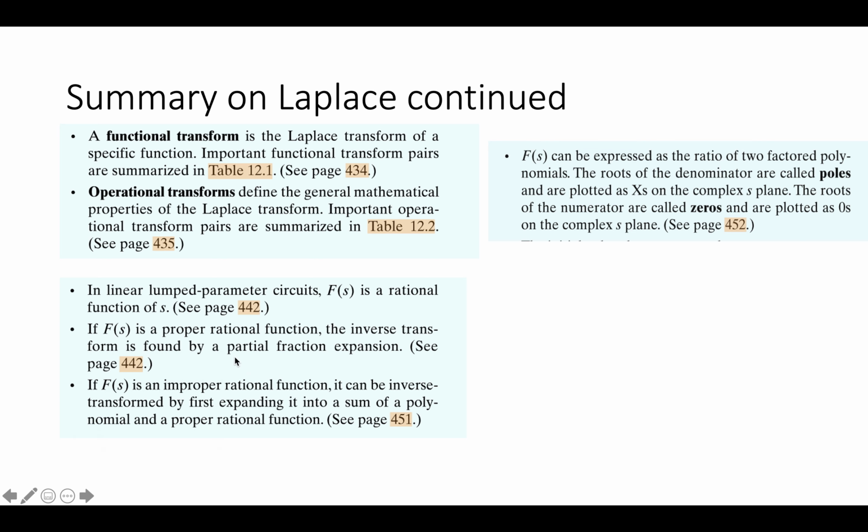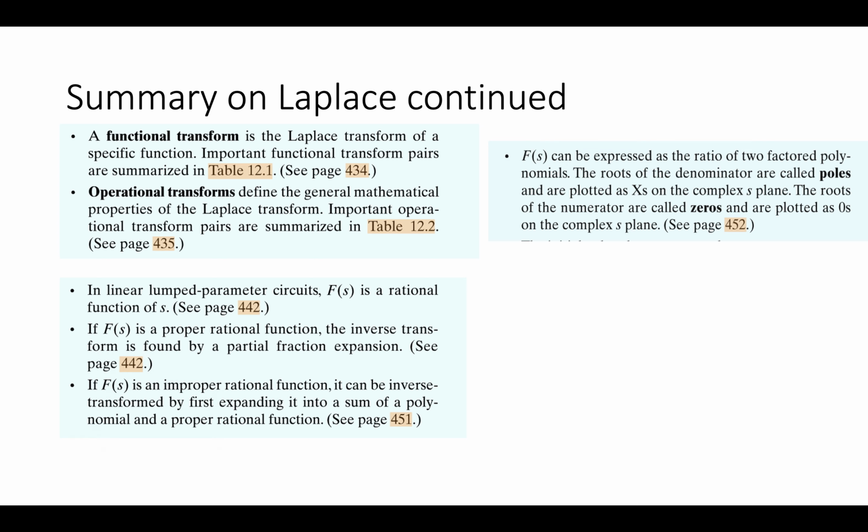If it is a proper rational function, you can find the inverse transform by taking a partial fraction expansion. If it's an improper rational function, you first have to do long division and get a polynomial plus a proper rational function. If you use MATLAB, you can get the numerators and denominators.